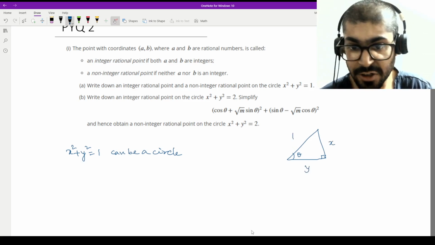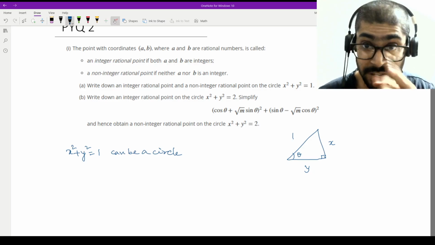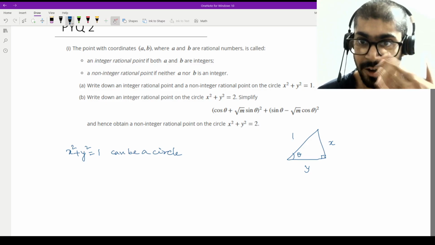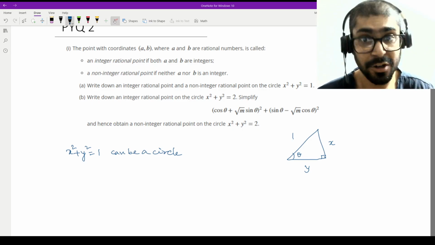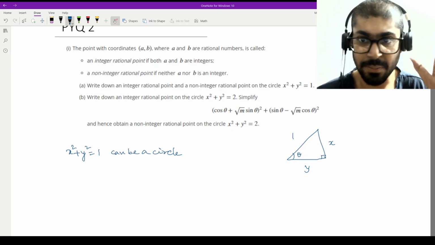So Pythagoras theorem will also be giving rise to this equation in subpart A, x square plus y square equal to 1, because Pythagoras theorem states that perpendicular square plus base square equal to hypotenuse square, and there the hypotenuse is 1. Alright, so these are the two interpretations of x square plus y square equal to 1.